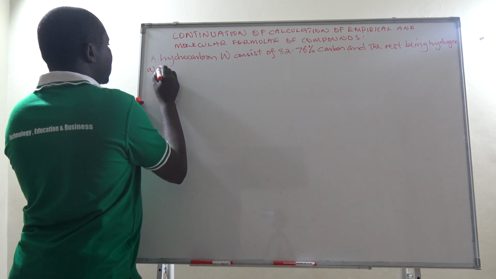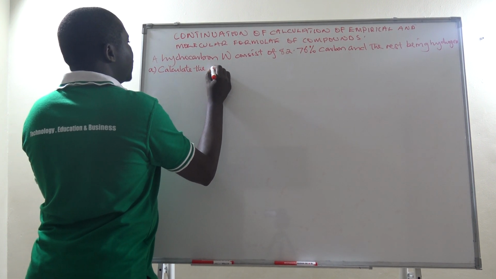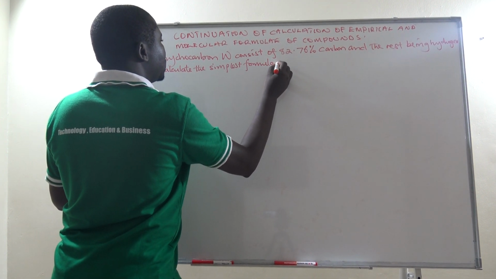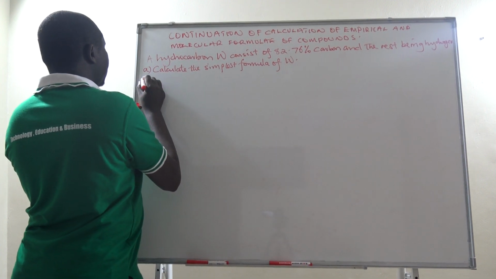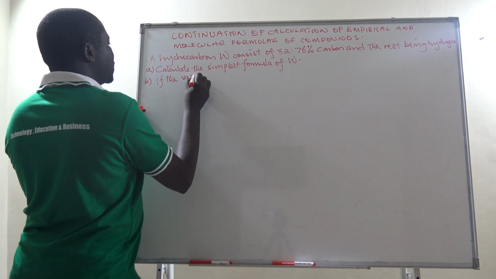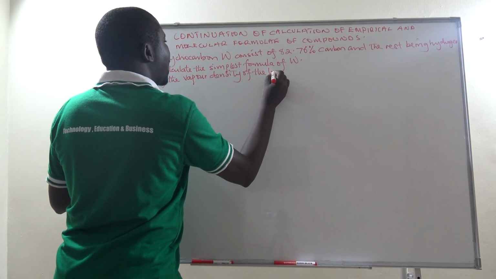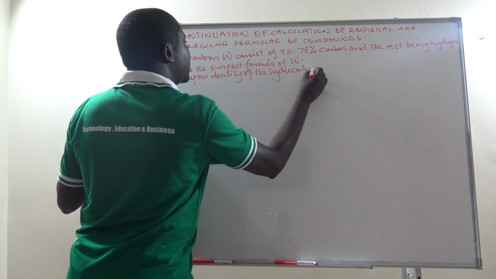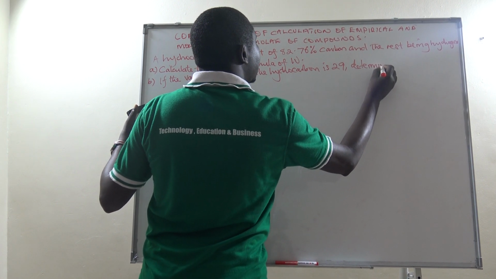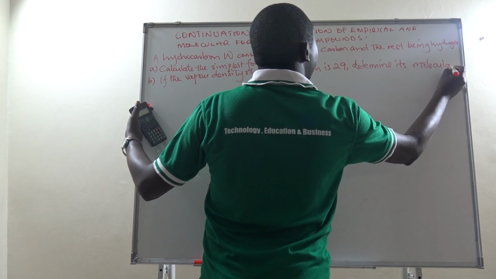The first part of it says calculate the simplest formula of W. Then the next part says if the vapor density of the hydrocarbon is 29, determine its molecular formula.